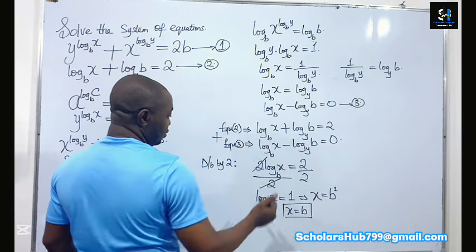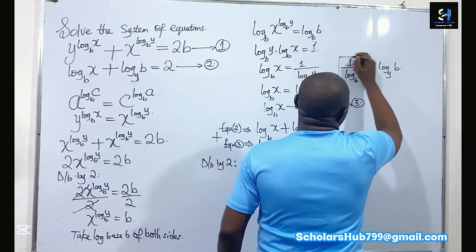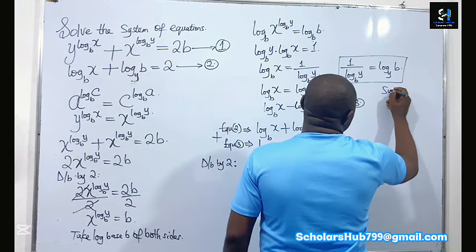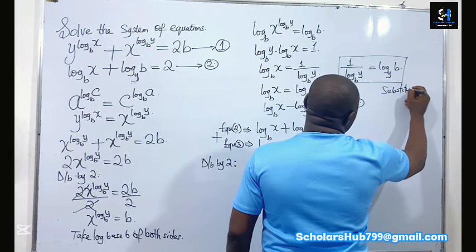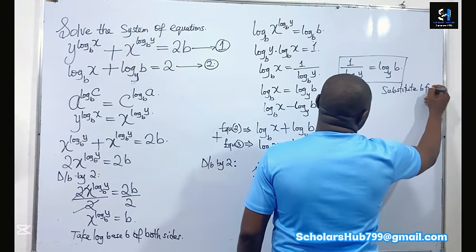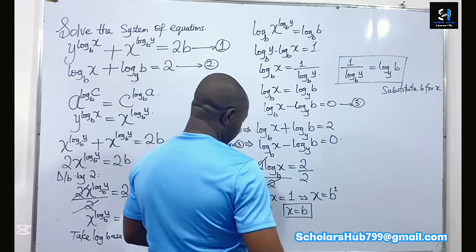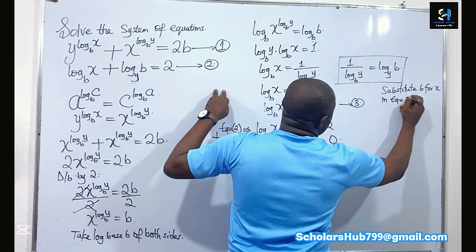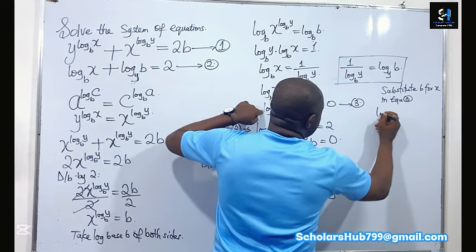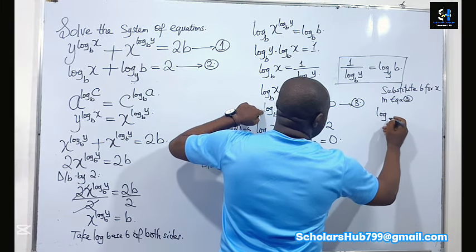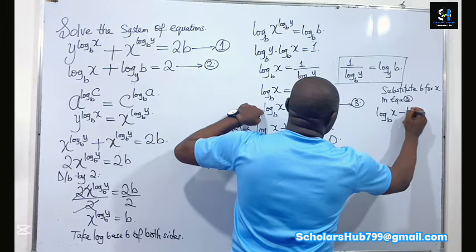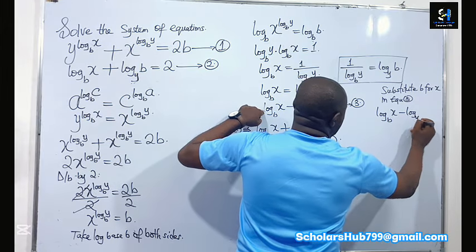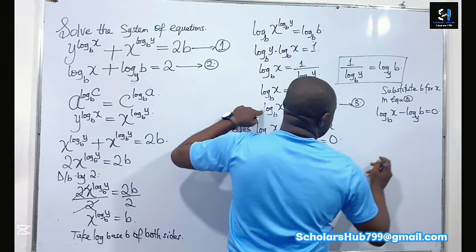So let me use equation 3. Substitute b for x in equation 3. We have equation 3 to be log base b of x minus log base y of b equals 0.